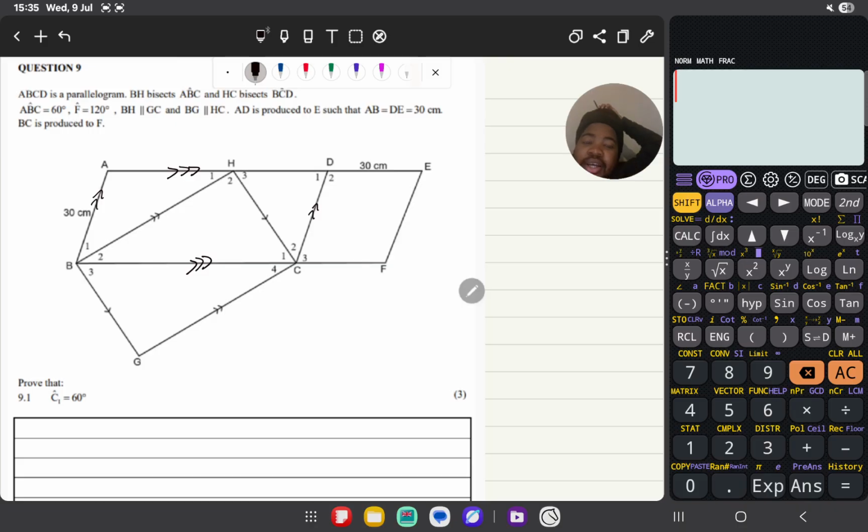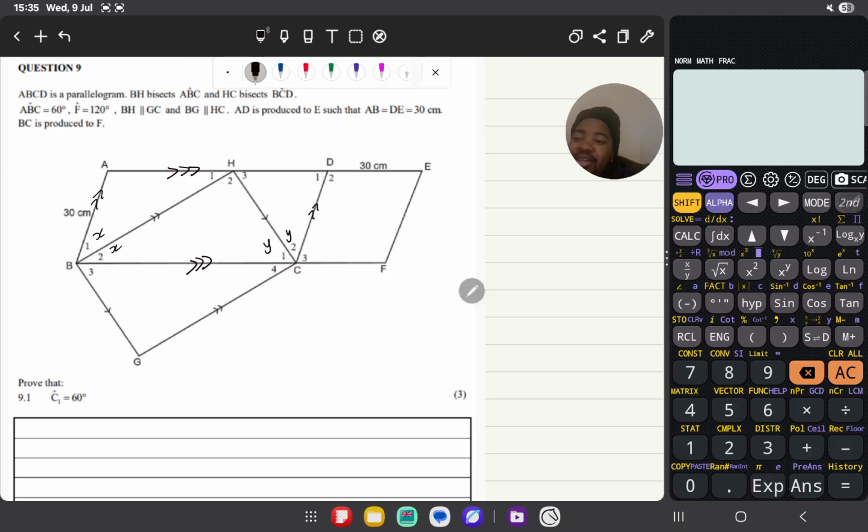So here they say BH. Here is BH, ne? BH bisects ABC, implying that these two angles are the same, so we can say x, right? Because both of them are the same. And HC bisects BCD, right? So I could say we have y here, we have y here, ne?